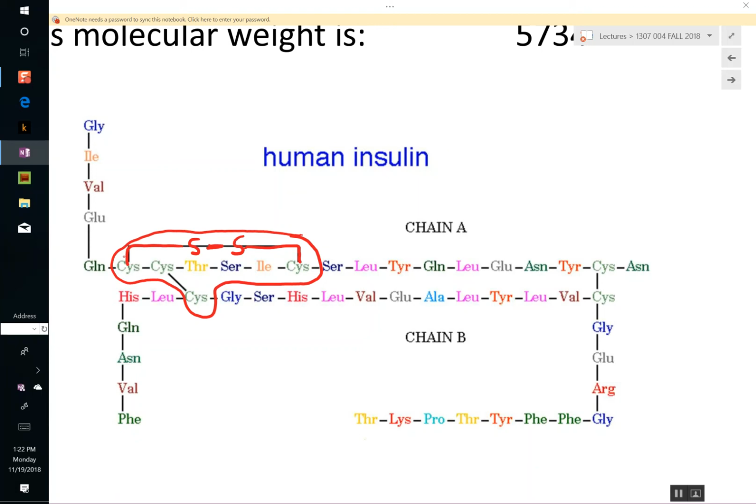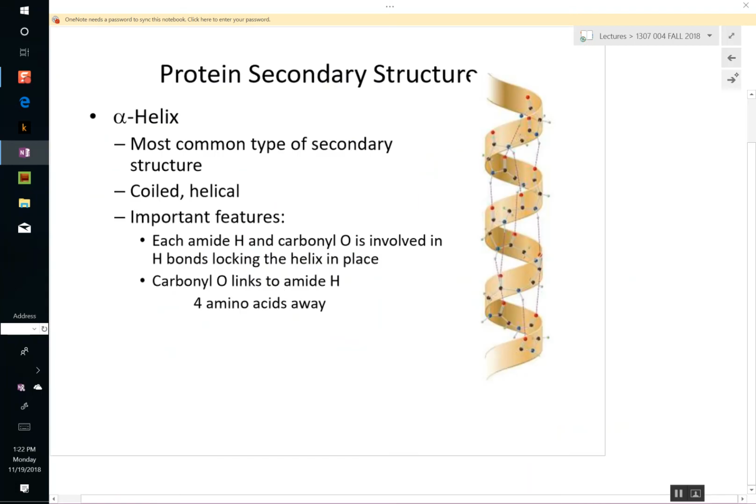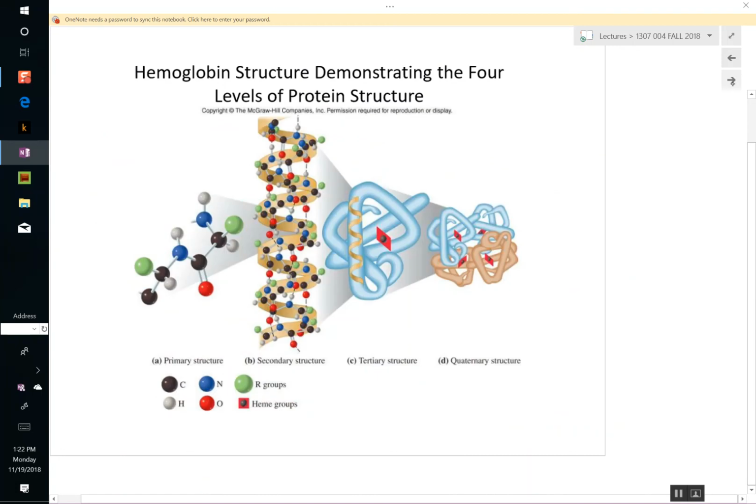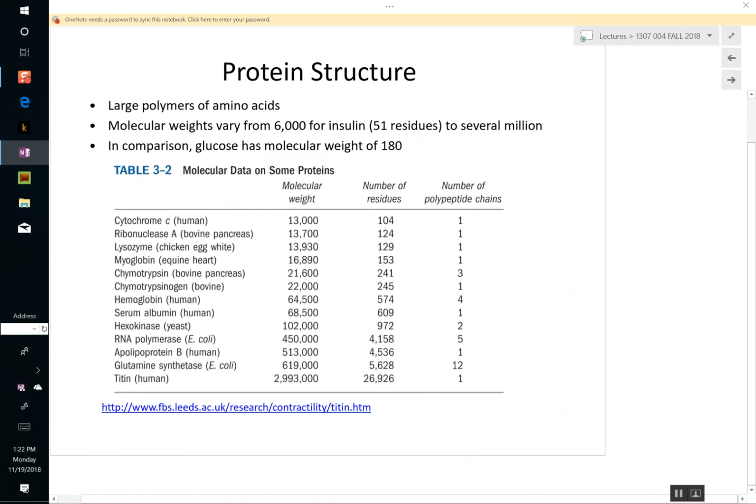Okay, so yeah, those are examples of this. This is a relatively small protein. See, here's insulin, 51 amino acids. So that chain A and chain B totaled 51 amino acids. Look at myoglobin, 153, 3 times that size.